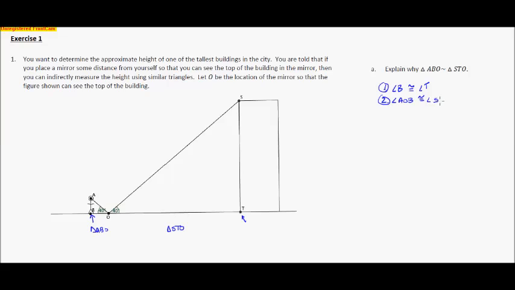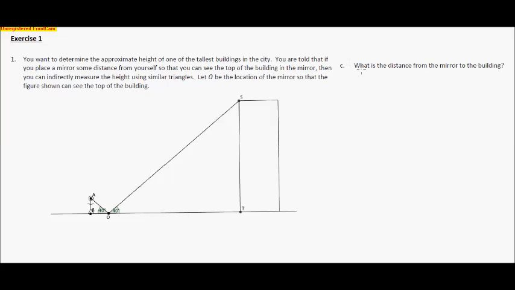There are two angles that we know are congruent and they're corresponding, so that allows us to conclude that triangle ABO is similar to triangle STO. That is part A, just a little explanation, no math to that. But let's take a look at the next question.